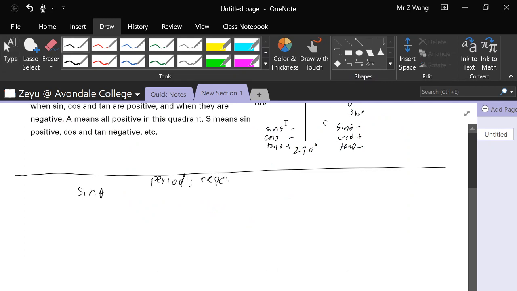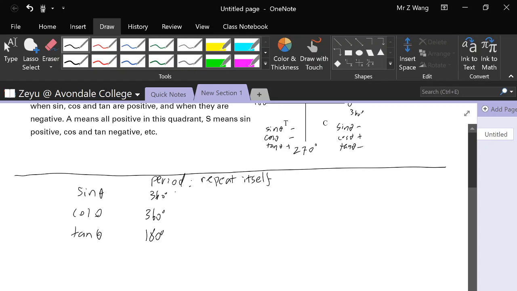Period pretty much means repeat the graph. So this sine graph repeats itself in 360 degrees. Cosine graph repeats itself in 360 degrees. Tangent graph repeats itself in 180 degrees.